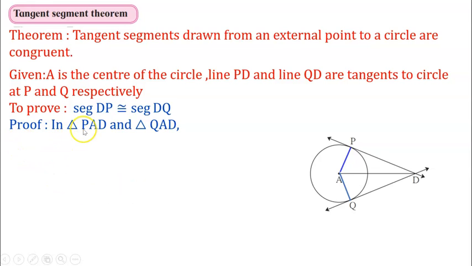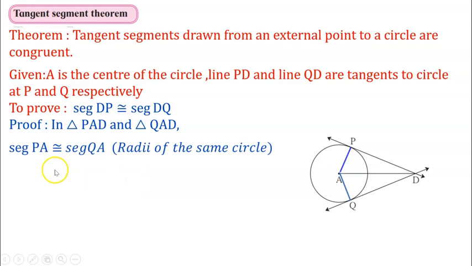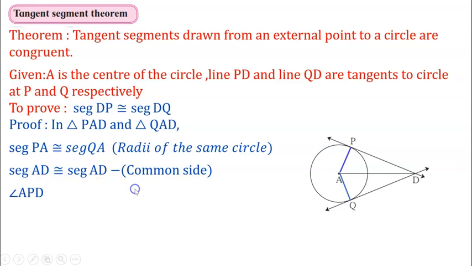Proof. In triangles PAD and QAD, segment PA is congruent to segment QA, radii of the same circle. Next, segment AD is congruent to segment AD, common side. Angle APD is congruent to angle AQD, equal to 90 degrees, by the tangent theorem.